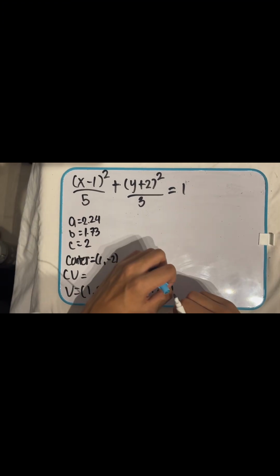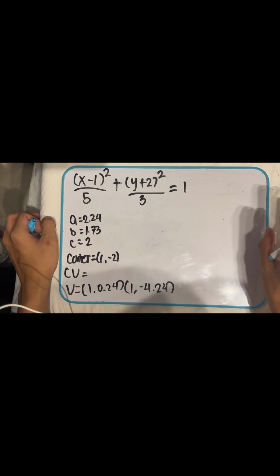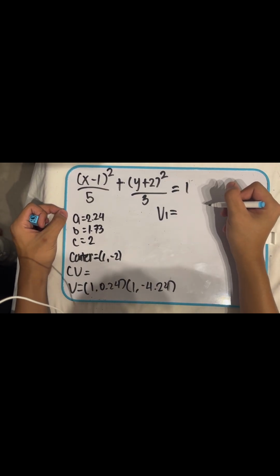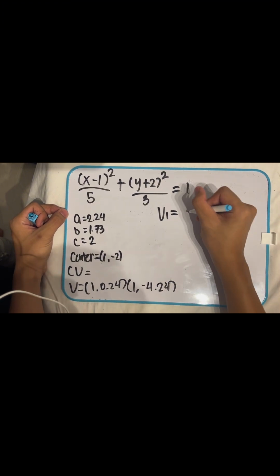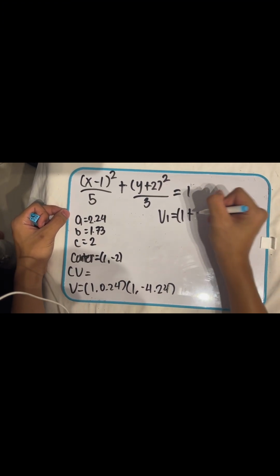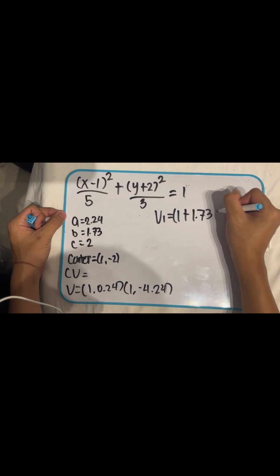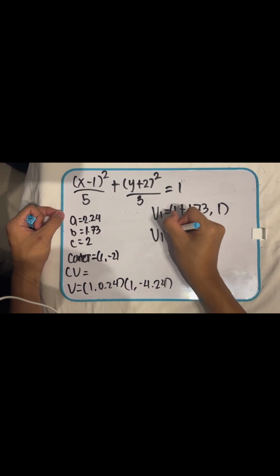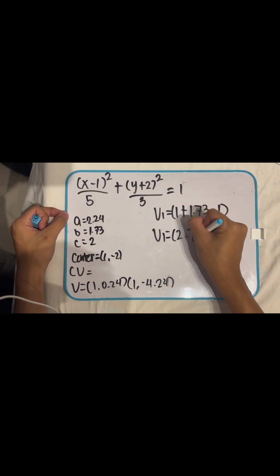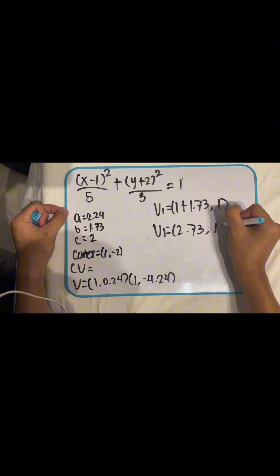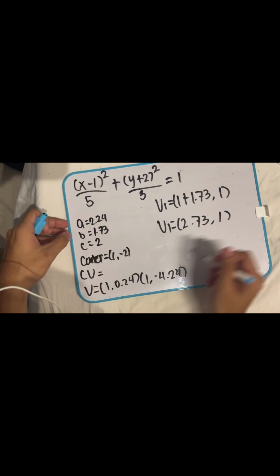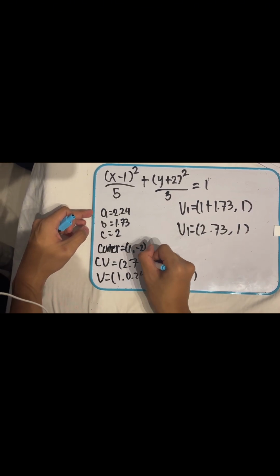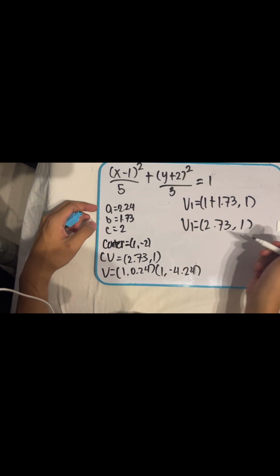So to get the value of our co-vertices, you write it down as V1 equals 1 plus 1.73 comma 1, and we get an answer of 2.73, 1. That's the value of our co-vertex, 2.73 and 1.